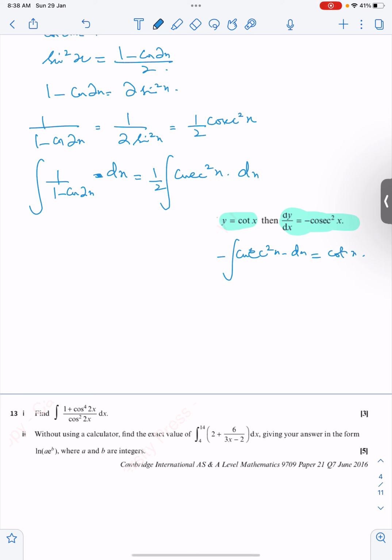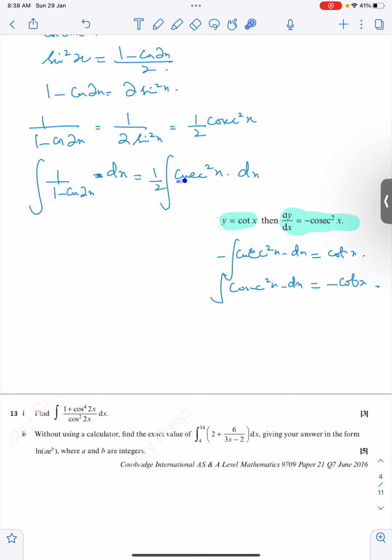As a result, moving from here, the integral of cosec square x dx is equal to negative cot x. Now, if I have to integrate this, half is already outside cosec square. In place of cosec square x, the integral of this is minus cot x.